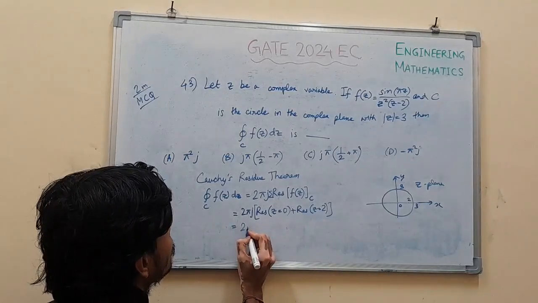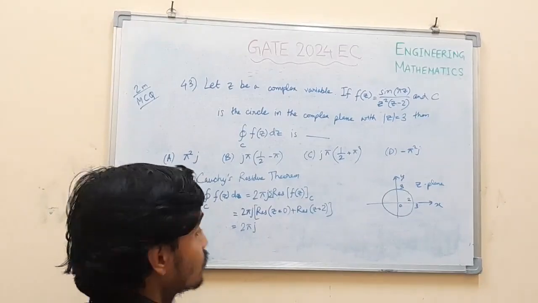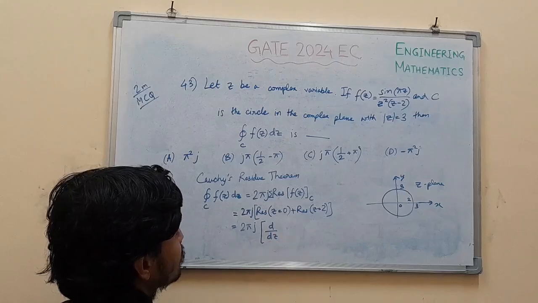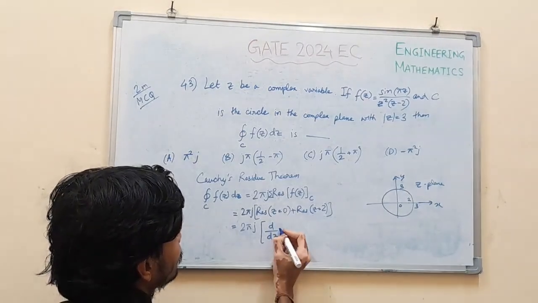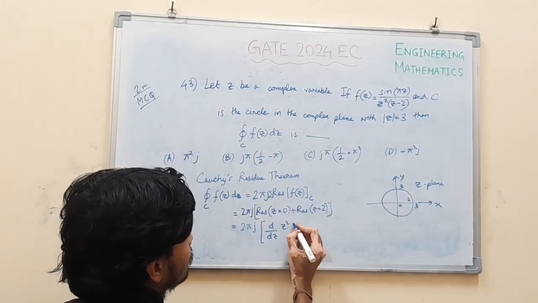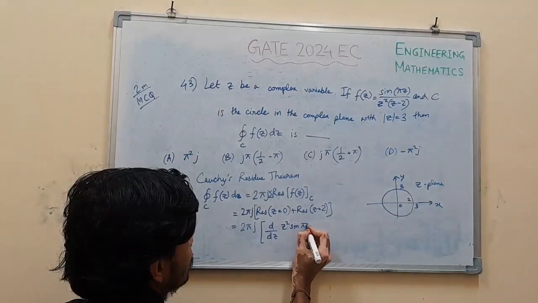Z equal to 0 is a pole of order 2, so we have to differentiate this one time with respect to z after multiplying it with the z square term, that is this.